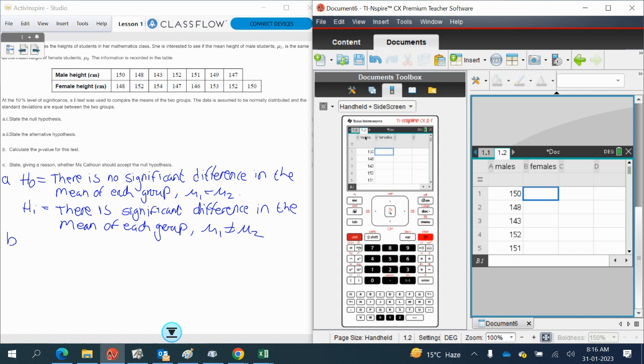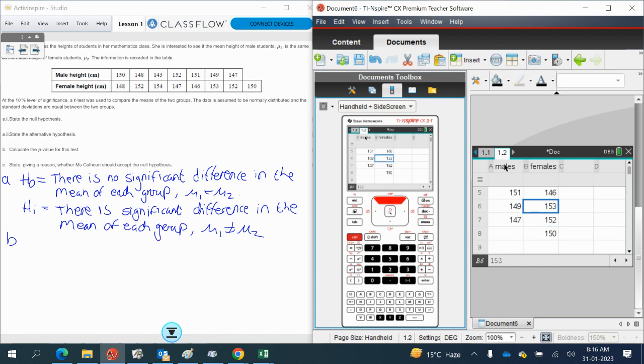Double check that you've got your data in right.